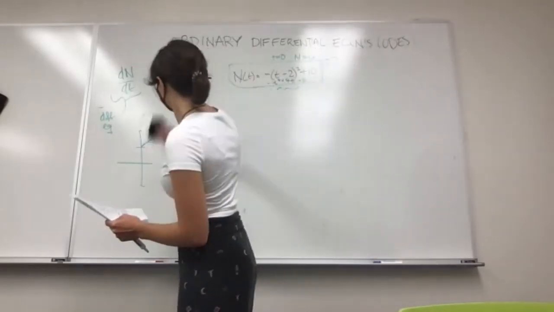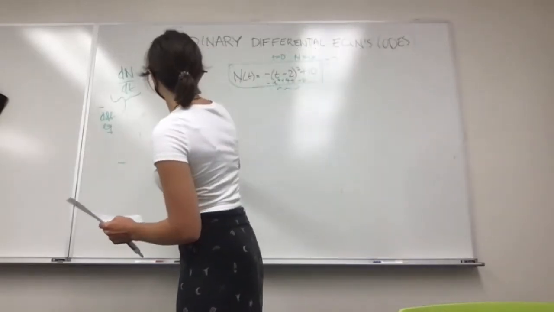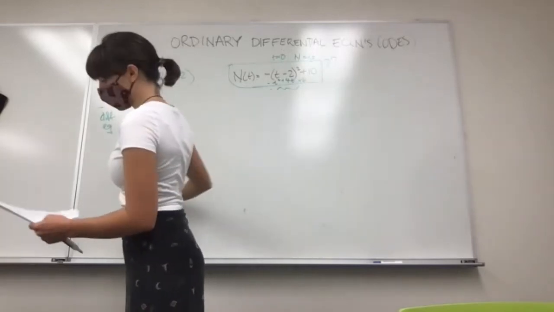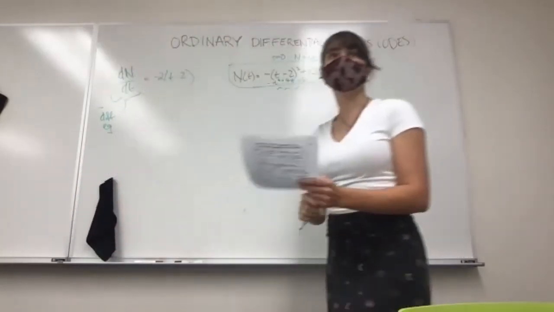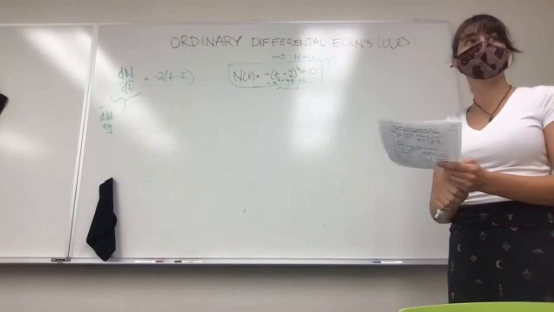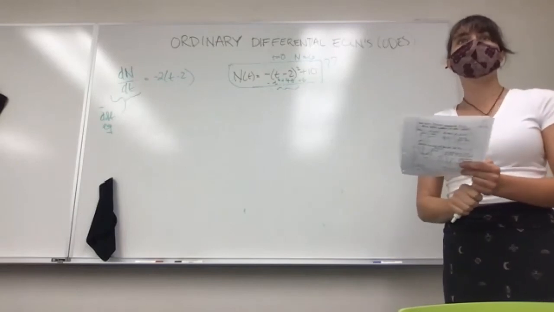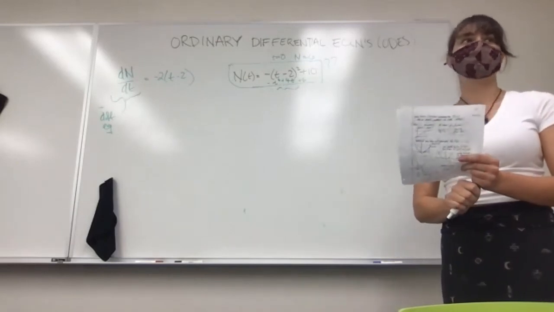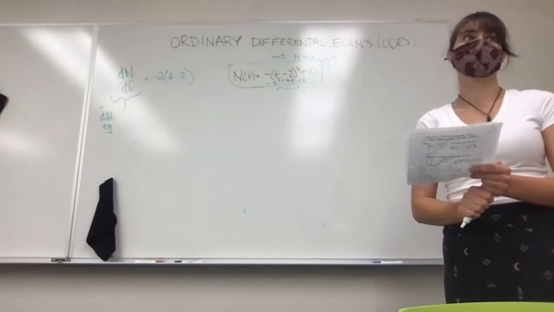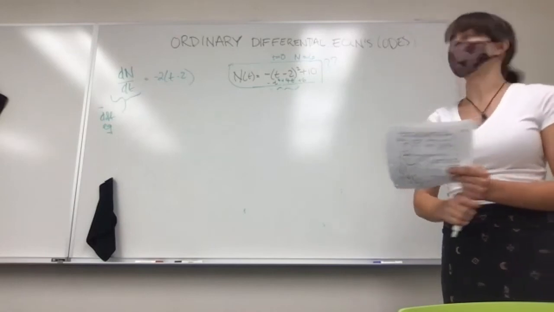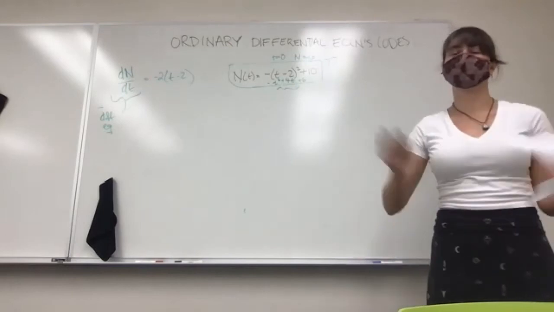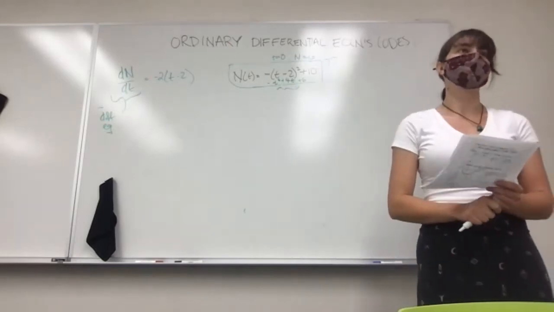Or could you go over really quickly how to identify a differential equation? Differential equation is basically just an equation containing a derivative. Yeah, differential and derivative are basically the same thing.